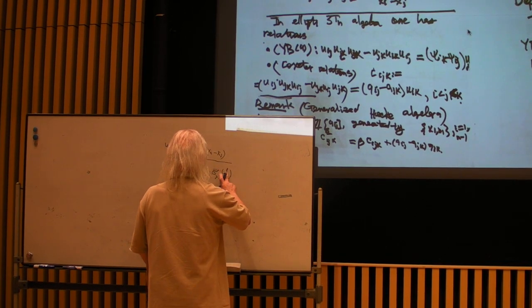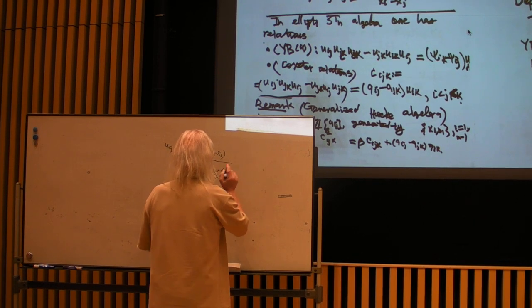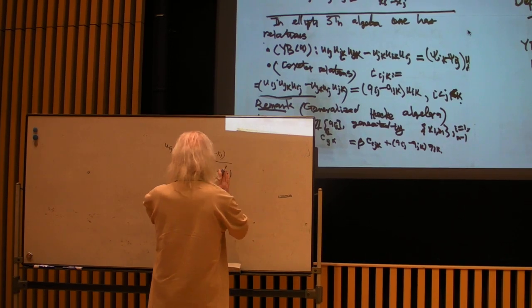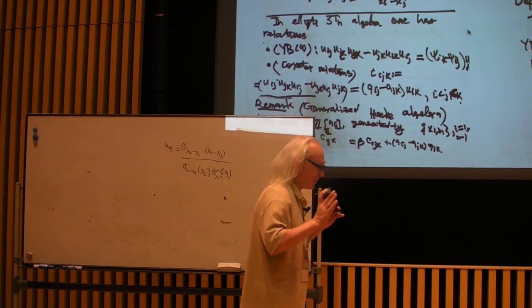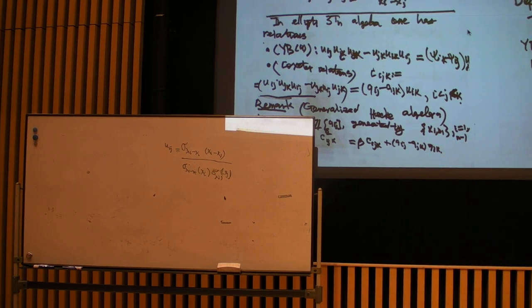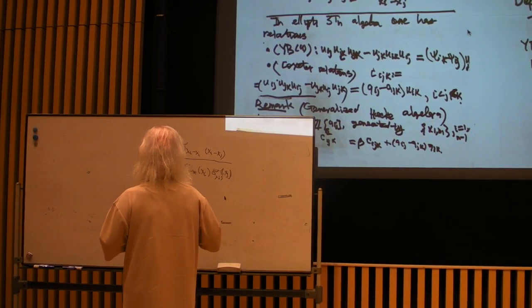Sorry, xj. But maybe I made a mistake. Anyway, this is the Kronecker sigma function, which you can read in the book of Whittaker and Watson, page number 451. So this is the Kronecker sigma function.